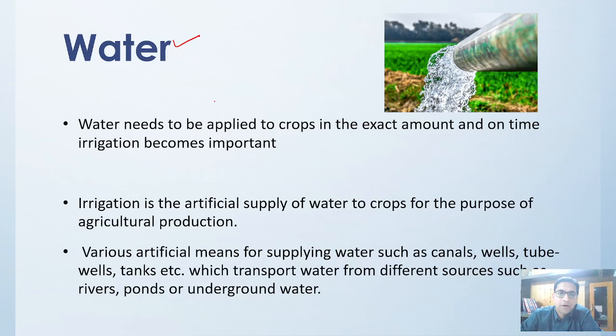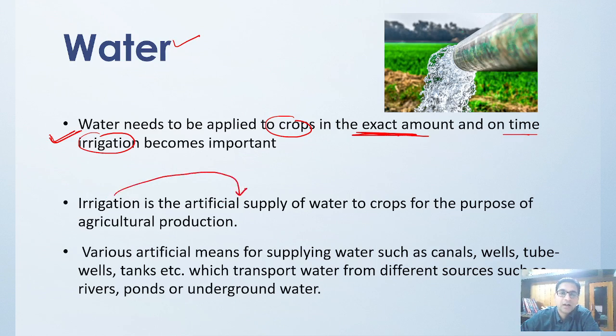Okay, so water needs to be applied on the crops in an exact amount and at a proper time. That is why irrigation becomes important. Whenever we say irrigation, that doesn't mean the rainfall that is falling on the earth's surface. That is rainfall. But irrigation has a different meaning.